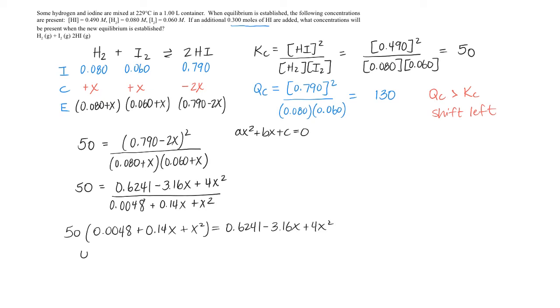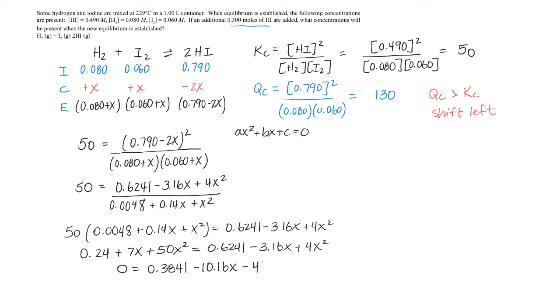So we get 0.24 plus 7x plus 50x squared on the left side. And now I'm going to move everything on the left side to the right side. So we get 0 equals 0.3841 minus 10.16x minus 46x squared.